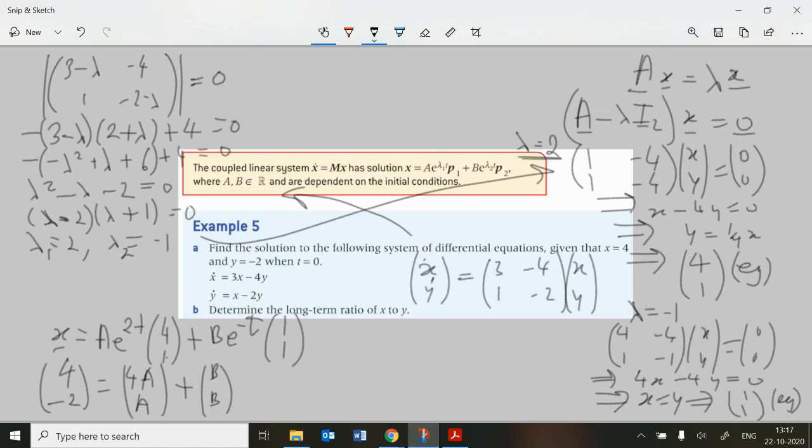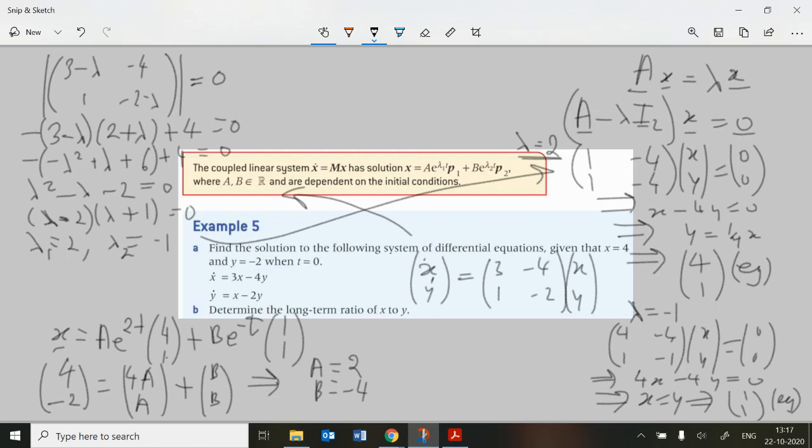Now we've got a set of simultaneous equations to solve there. This one, 4 equals 4a plus b, and minus 2 equals a plus b as well. So this gives us a is equal to 2, and b is equal to minus 4. You can put those into your calculator and solve, just to speed things up.